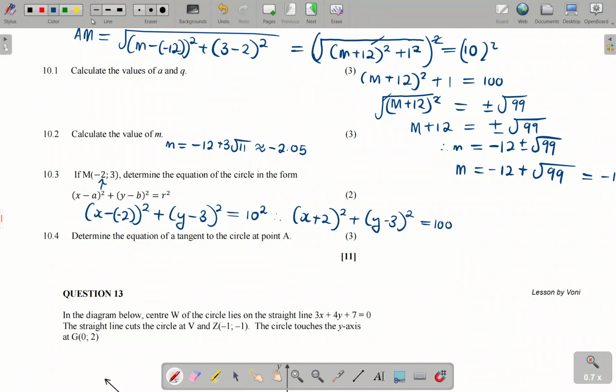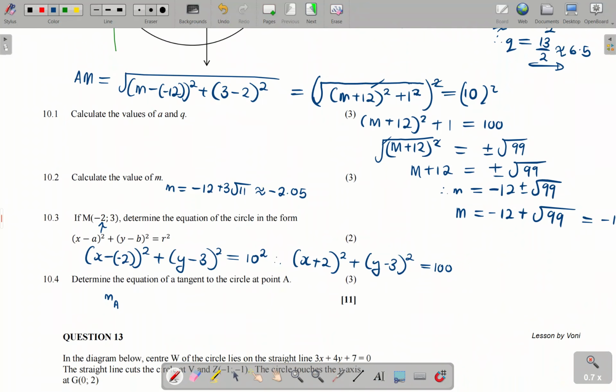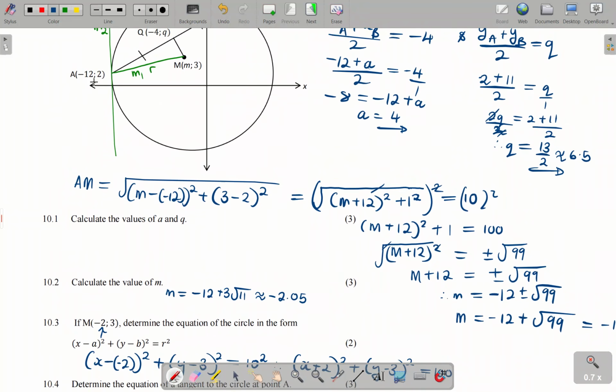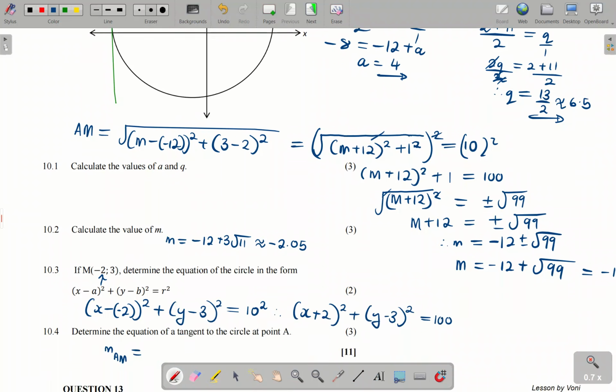So let me write it here. The gradient of AM is change in y over change in x. Calling these x1, y1, x2, y2, our y2 is 3.